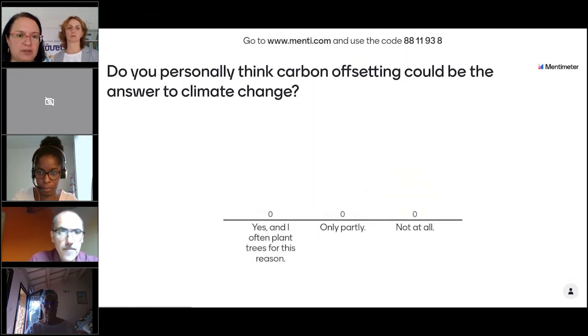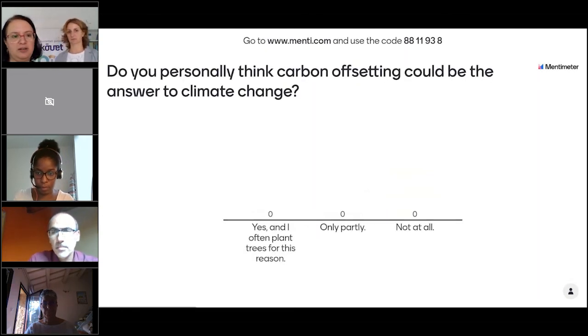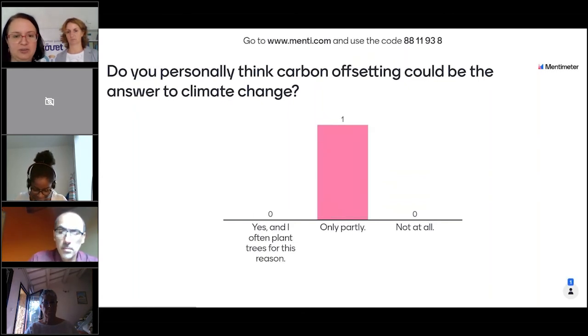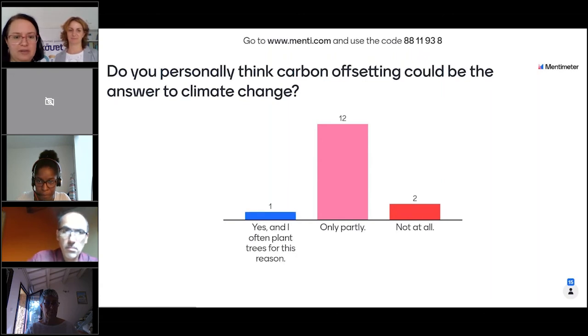Okay, next question is: do you personally think carbon offsetting could be the answer to climate change? Yes, and I often plant trees for this reason; only partly; or not at all. Most of the answers show that you partly think it's possible to mitigate climate change with this system.